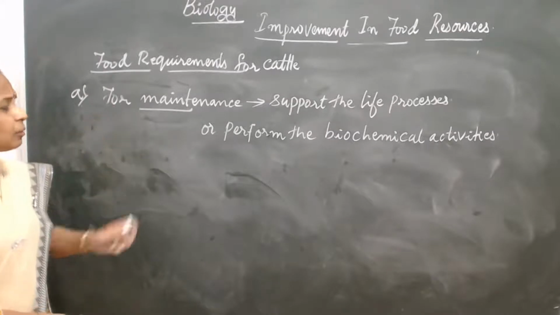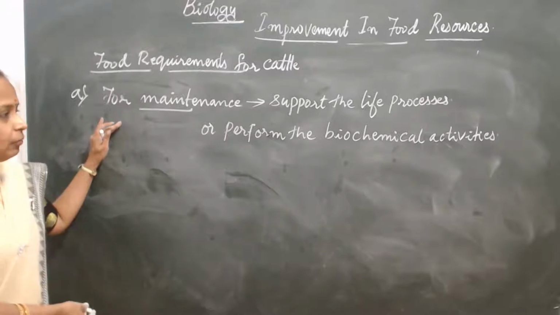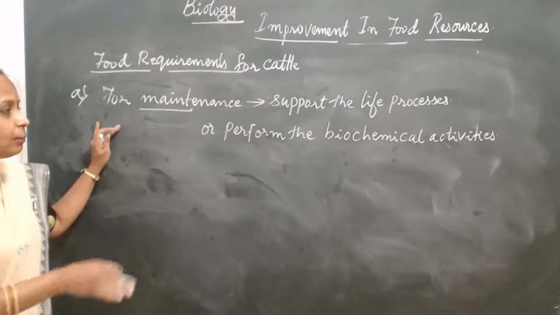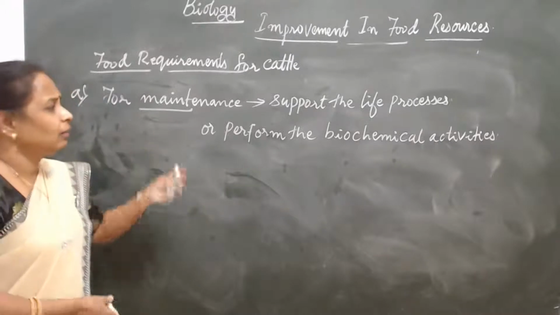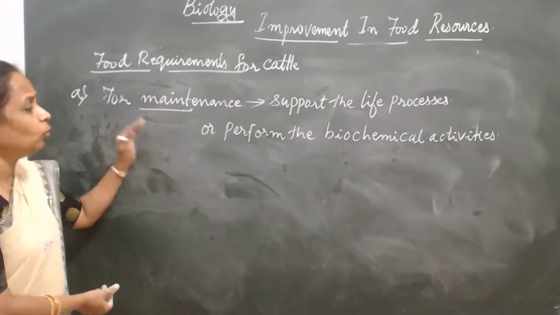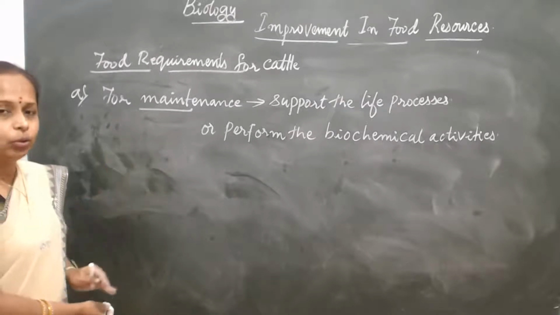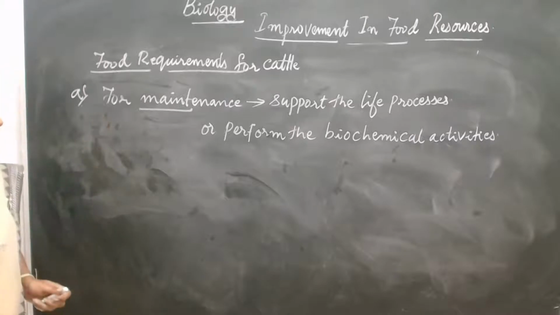Rice. This is the basic food which helps in supporting my lifestyle. If you have seen poor people in the slum area, if they have got roti and dal, that satisfies their need, because they need to maintain themselves and keep their survival ongoing. First one is for the maintenance.